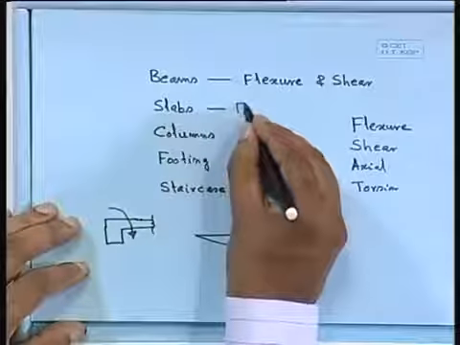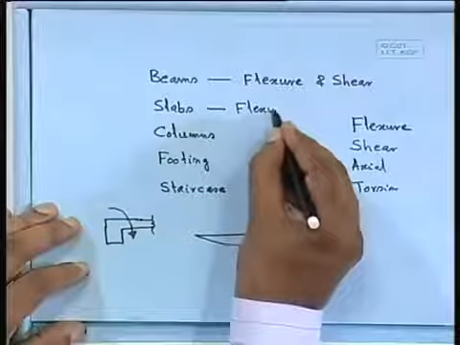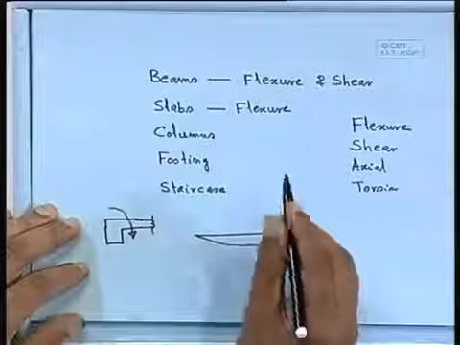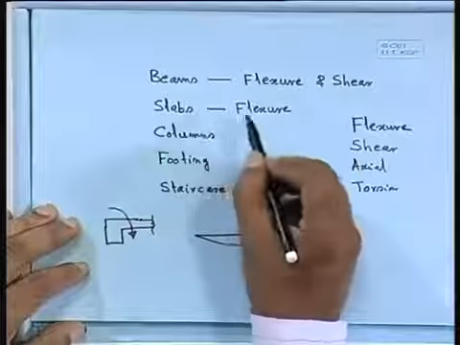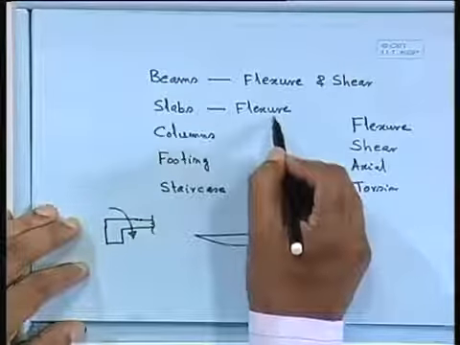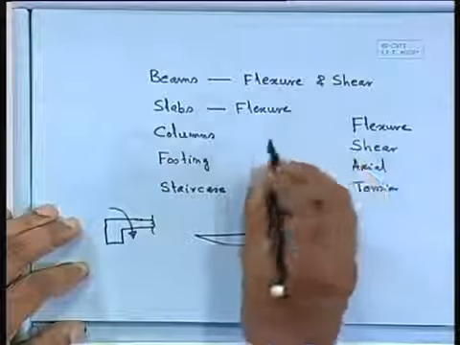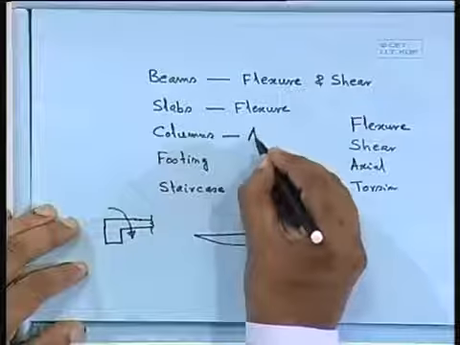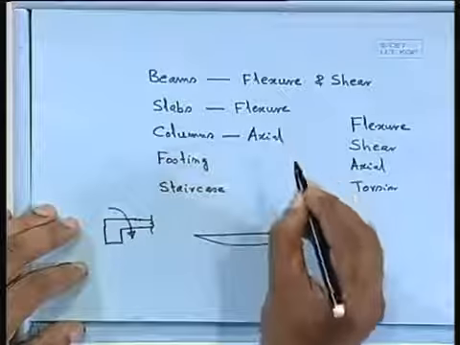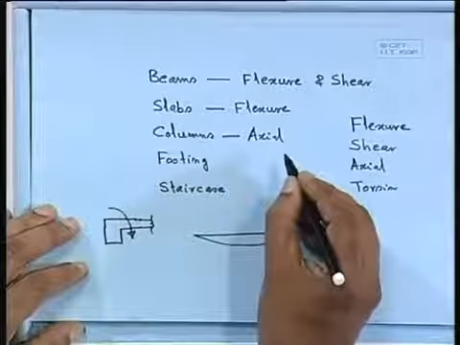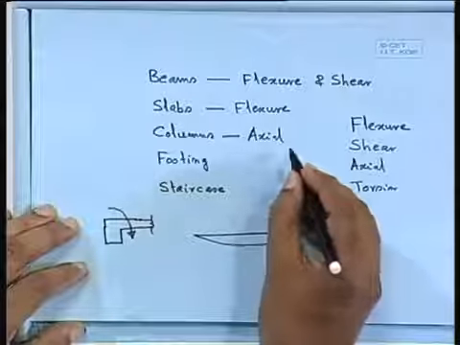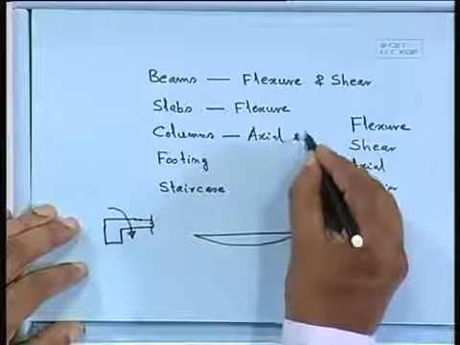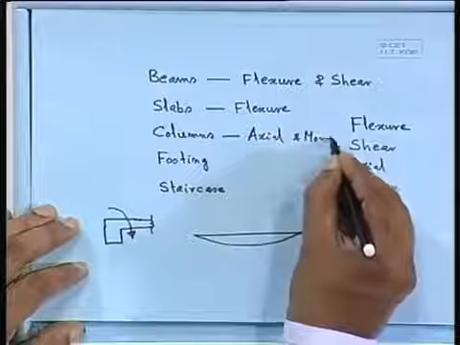Slabs mainly we have found are nothing but flexure. So in a few books you may find that they have started with the slabs because it is a flexure one, then flexure and shear. Here we shall come to the columns, axial force, and also it may happen that bending moments are also applied.